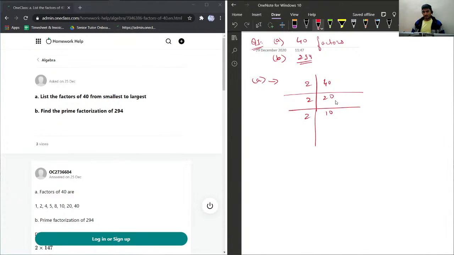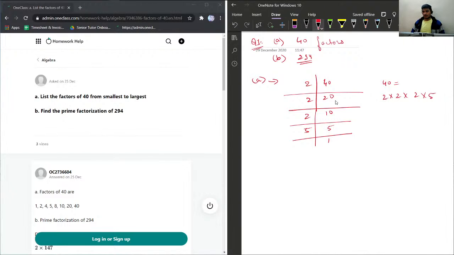Again 2, this will become 5, then 5, 1. So I can write 40 as 2 into 2 into 2 into 5. But this is not the answer, it is asking from smallest to largest possible values.